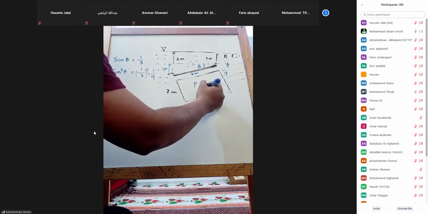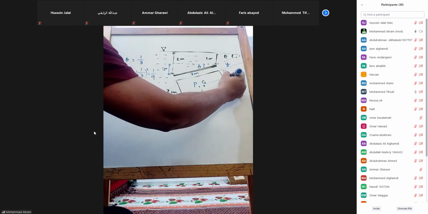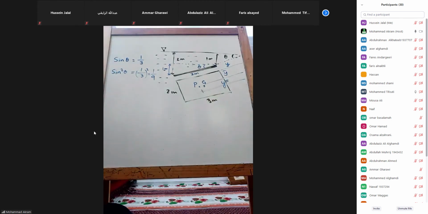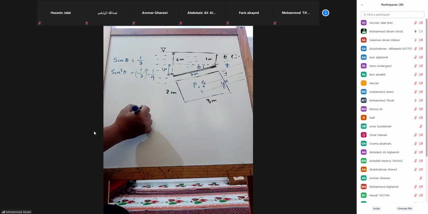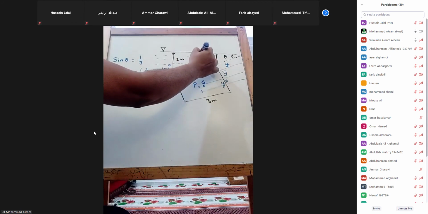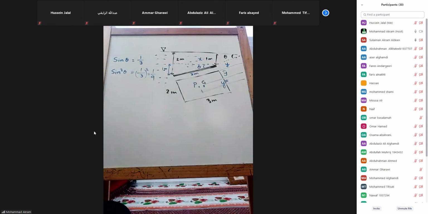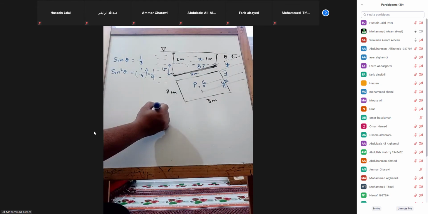And this distance is Y star, right? Doctor, how we can find Y value? 1 is given, right? So this is X, right? Our X. Okay, what is X divided by Y equal to? Sine theta.